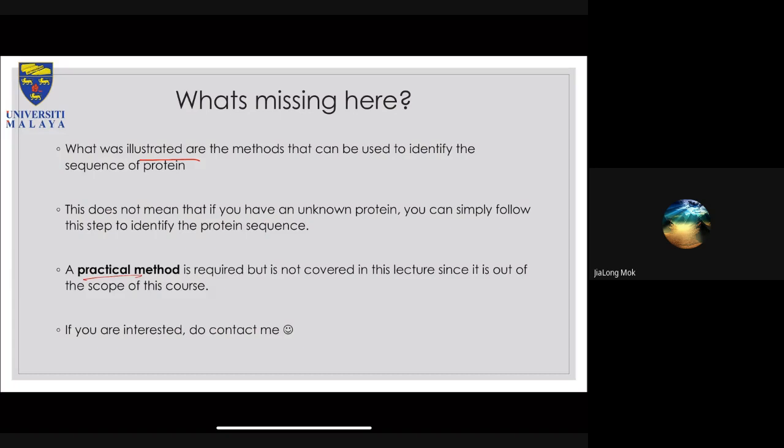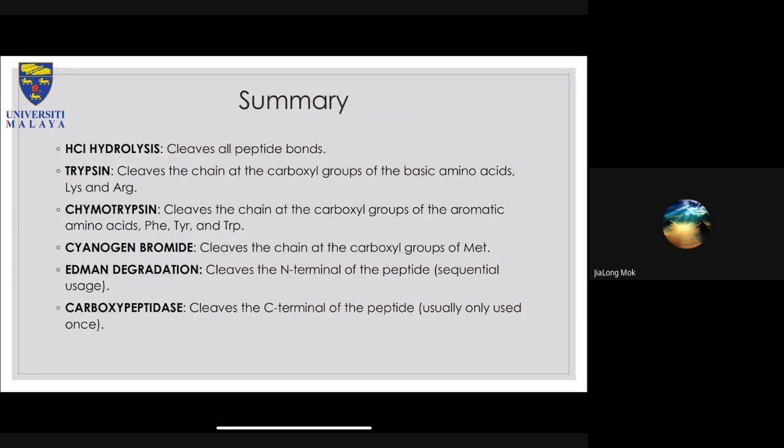As I mentioned, you have HPLC, mass spectrometry, NMR. So there are multiple methods that you can use to identify the sequence of amino acids or peptides. Okay, so summary, this is just some terminologies, enzymes, and so on and so forth. We can just have a go.